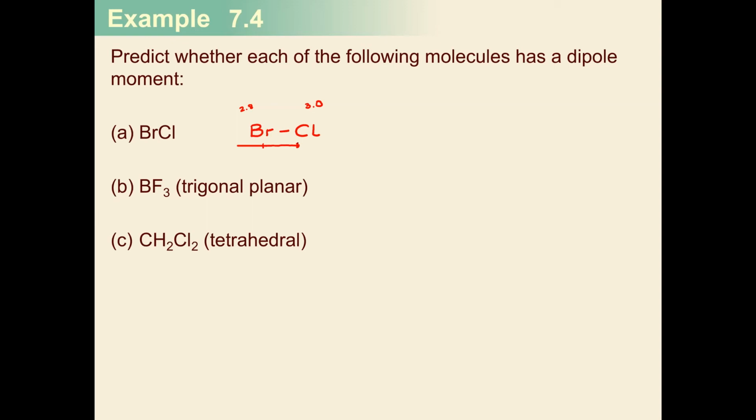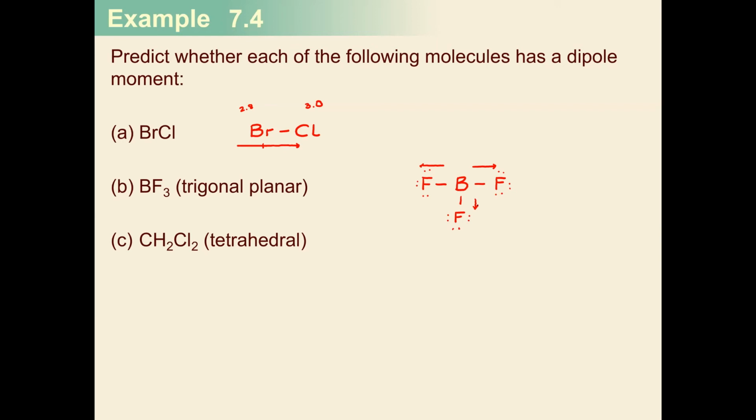For B, we are going to now talk about boron trifluoride. In this case, I will have a fluorine attached to my boron, and I have my last fluorine there. Here are all of my lone pairs. This would have the trigonal planar molecular geometry, and you will notice, if drawn correctly with that geometry, that each one of these is going to be pulling out towards the fluorine, and they would be pulling opposite and equal.